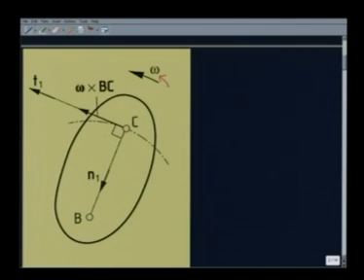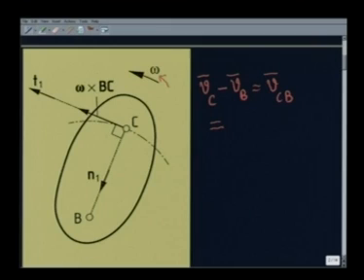Now, the difference of velocity between the points C and B, let me write it as the velocity of the point C minus the velocity of the point B. This is the difference of velocity. We use the symbol VCB. As we have noticed, this is entirely due to the rotation of the rigid body.